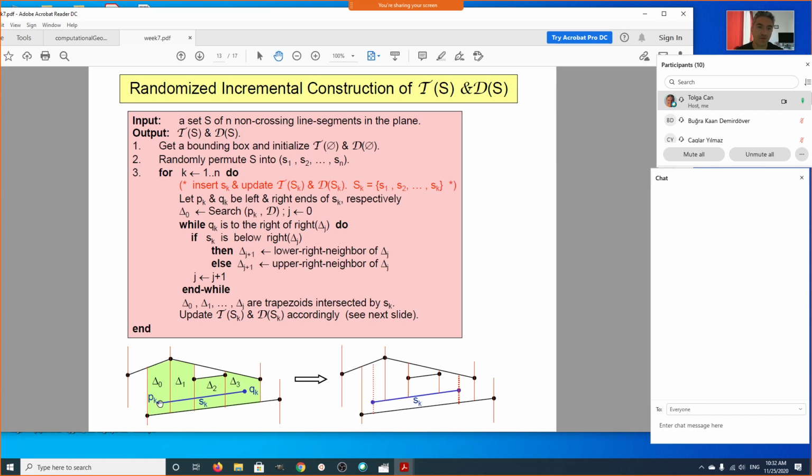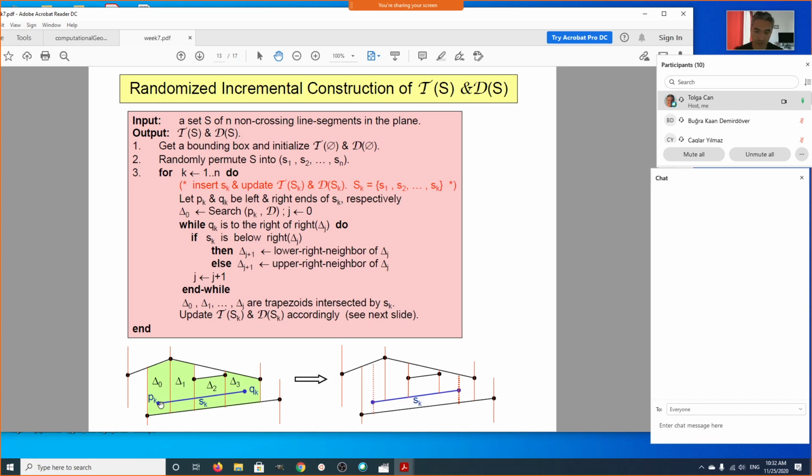The left end of this line segment is a point query. I perform this point query in expected log n time, and I will find this delta 0, the trapezoid that contains the first endpoint.